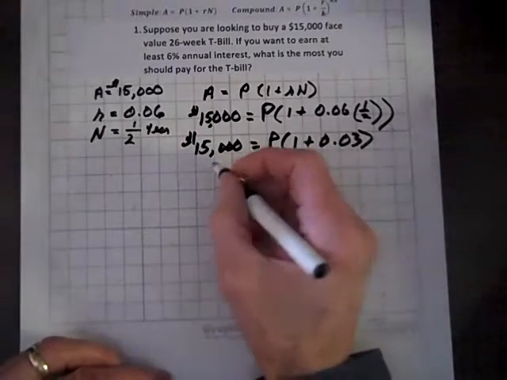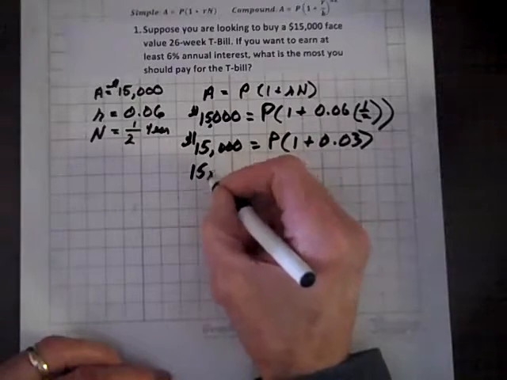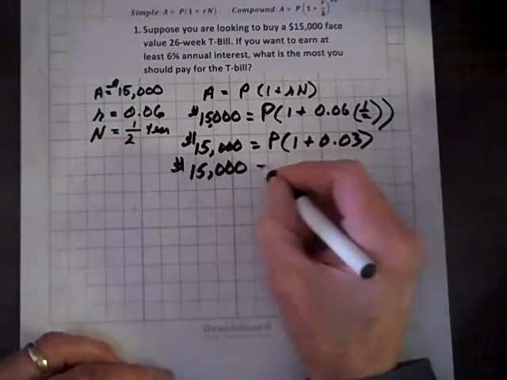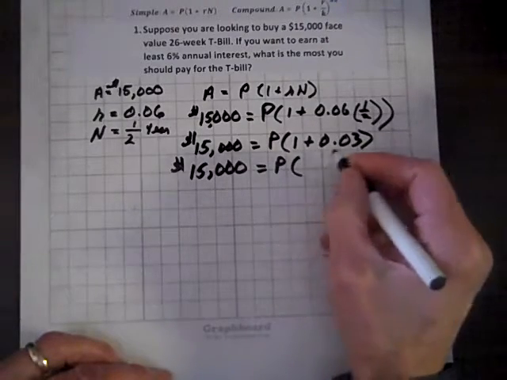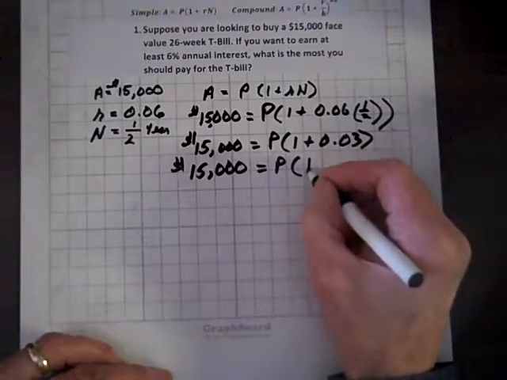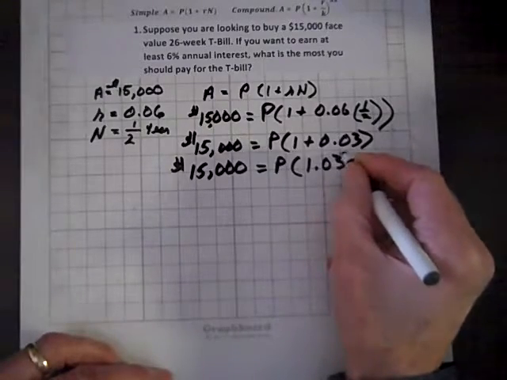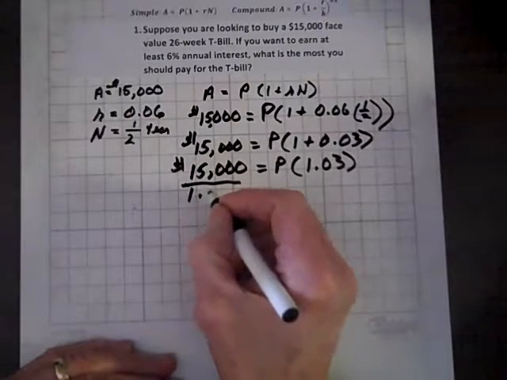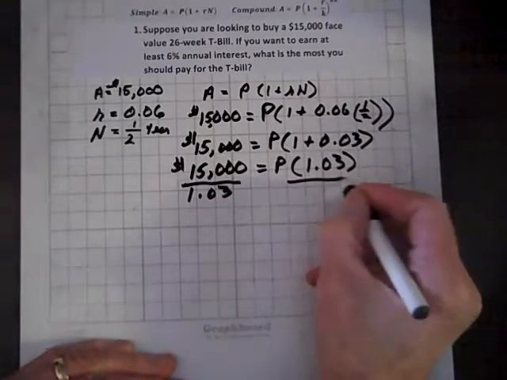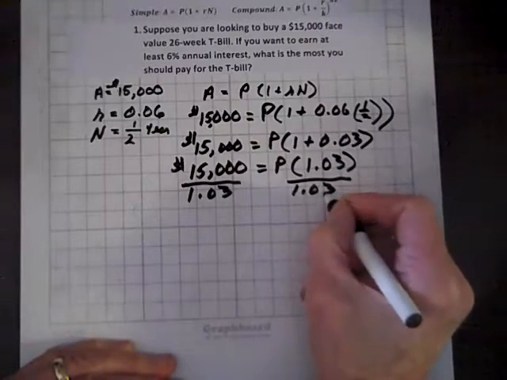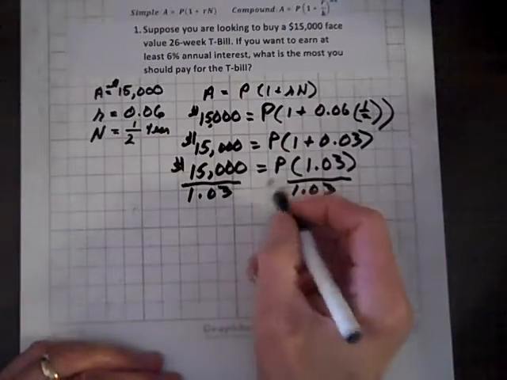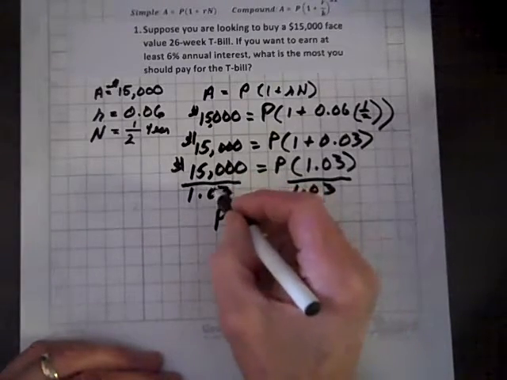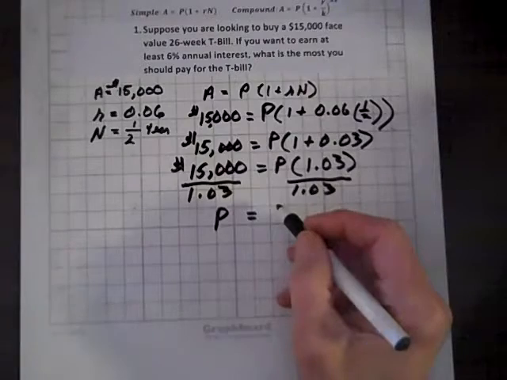So now we've got to isolate P. This is going to be P, and if we add 3 cents to a dollar, we have 1.03. Now to isolate P, we'll divide both sides by 1.03. And when we do that, we have 15,000 divided by 1.03.